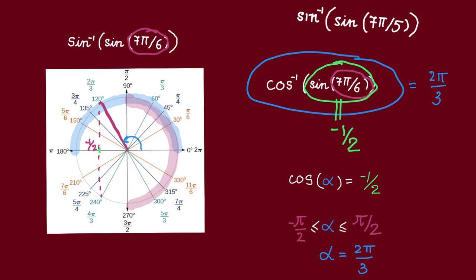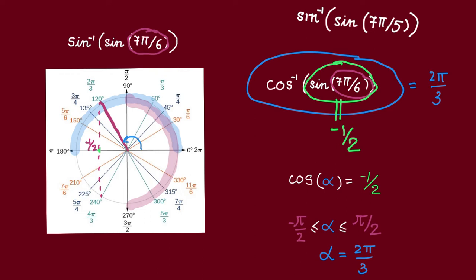Say we do decide to use this range. Then what would be the answer in this case? What would be cosine inverse of minus 1/2? In this region here, the endpoint of which terminal ray has x-coordinate equal to minus 1/2? Well, as you see, there is none.